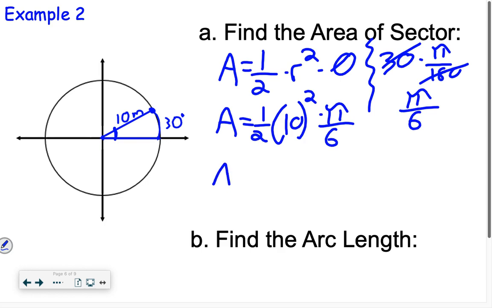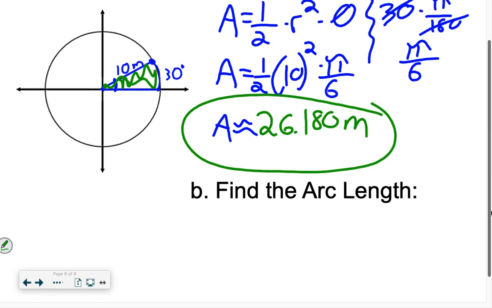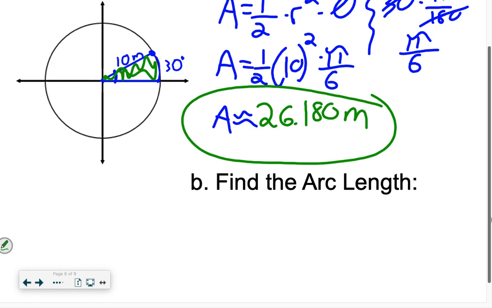So your area of that sector right here, I get is about 26.180. Now units, they said meters. And that's that. Easy enough, right? So the area of that sector is 26.18 meters. Now let's find the arc length. We have everything we need already, right?